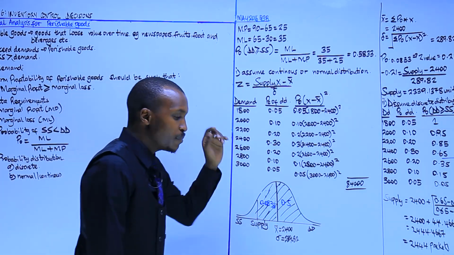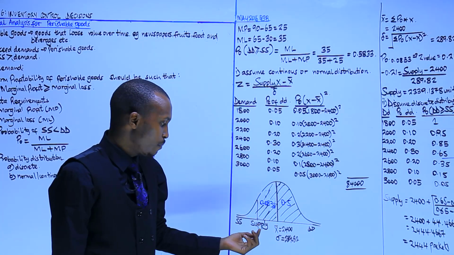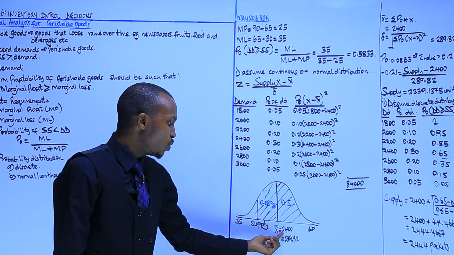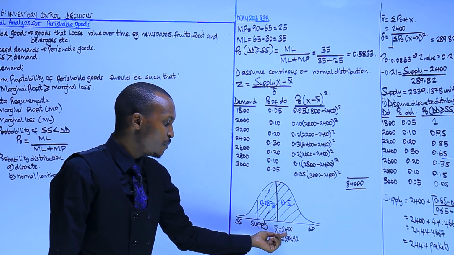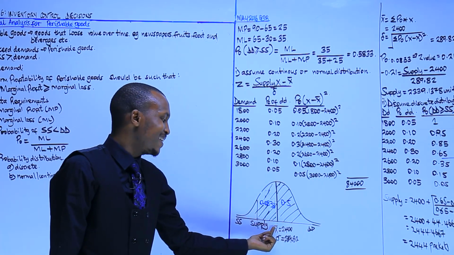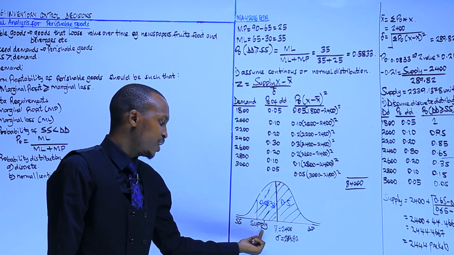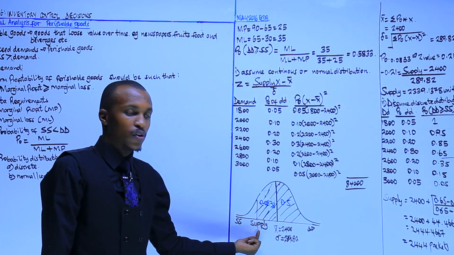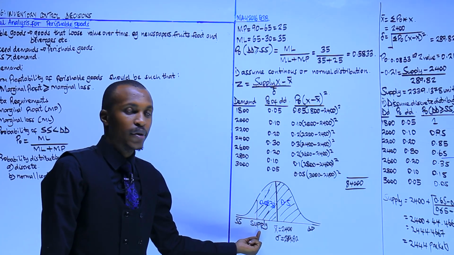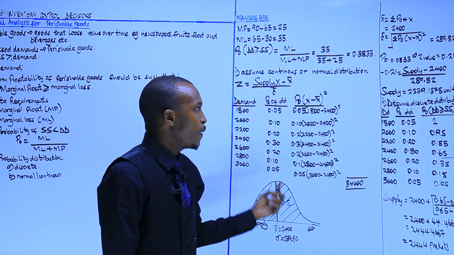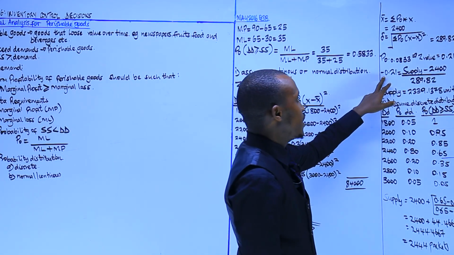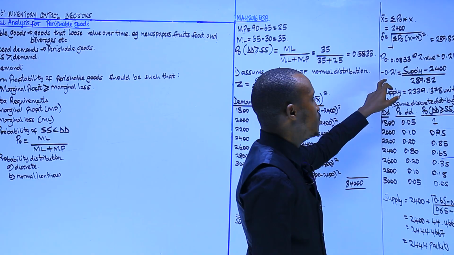But now the tricky bit, and what I want you to remember is that you want where your supply is less than your demand. So if your mean demand is 2400, you want anything less than 2400, so it should be to the left of your mean, which means Z should be a negative.